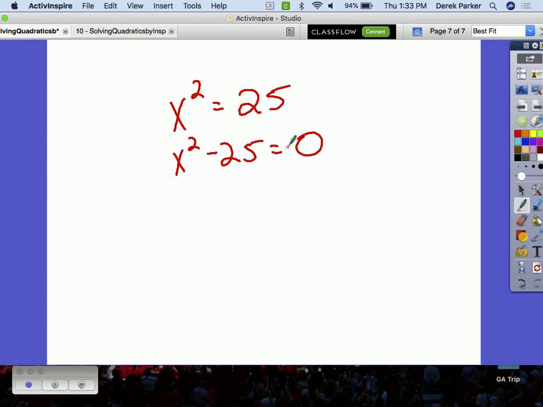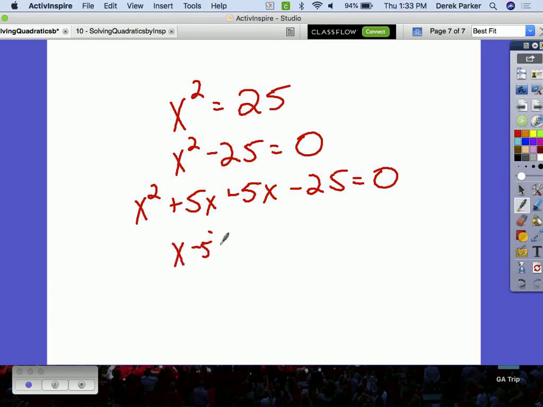So that means my middle values will be x squared plus 5x minus 5x minus 25, and that does equal 0. I finish factoring, and I get x minus 5, x plus 5. So that means my answer, x is going to equal positive and negative 5 for that problem.